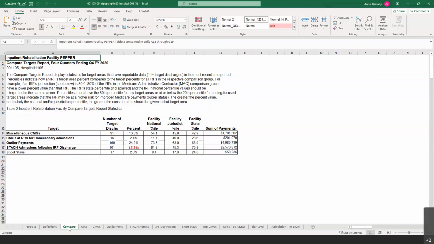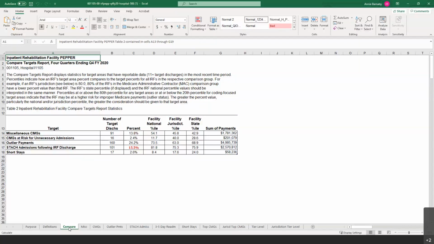You can see line 17, the STACH admissions following the IRF discharge. If we look at the percent outcome for that target area for this facility, it is in that red bold font. So we can know that this facility for that target area is an outlier. They are a high outlier. They are above the 80th percentile. And if you go to that next column, you can see why.